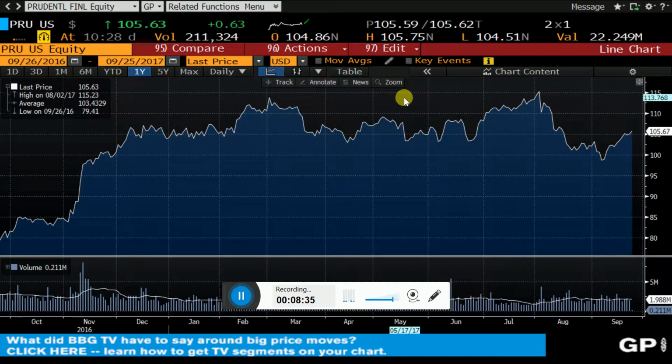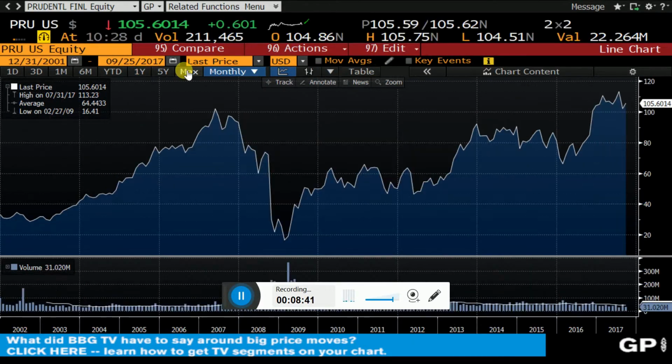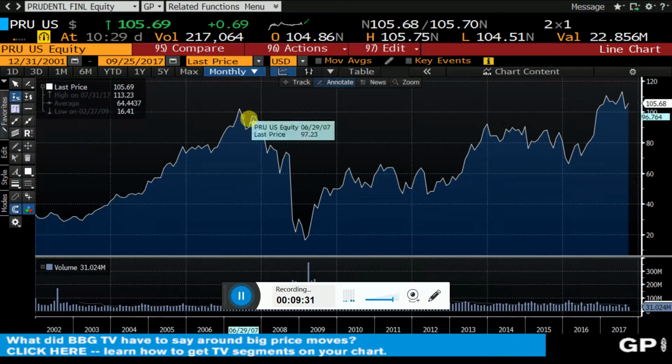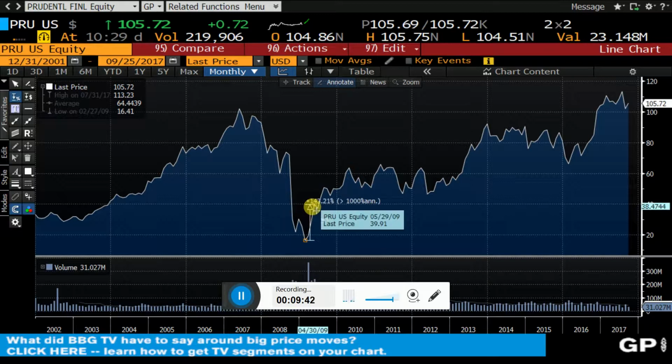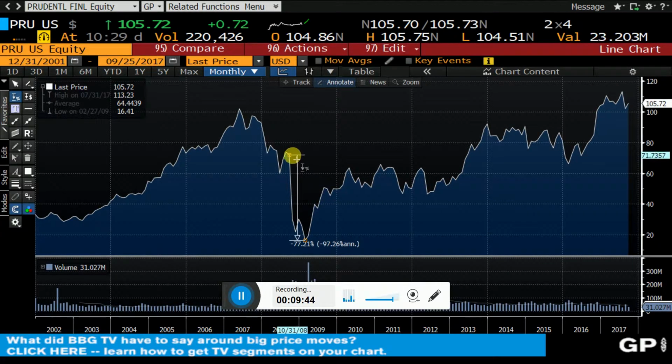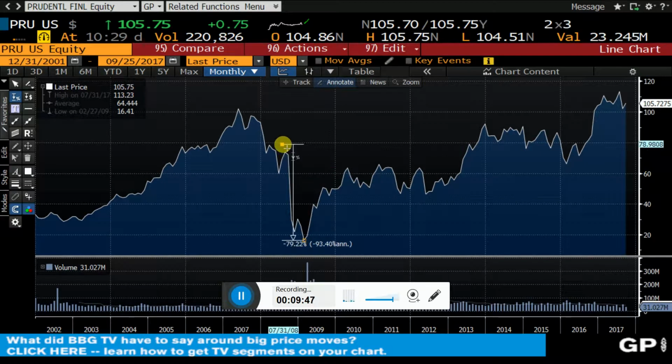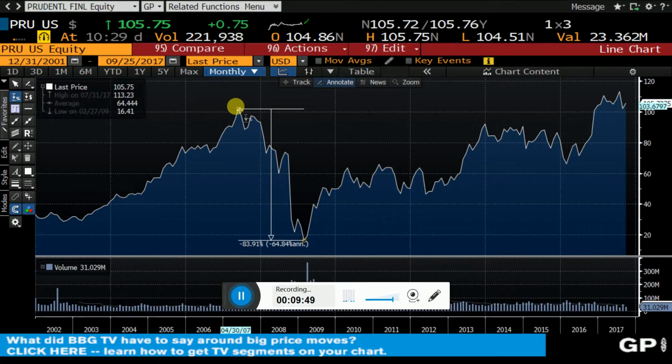We can click on the max right here, which gives you an idea of where it's been at since 2002 to 2017. You can also annotate on these graphs, so you can search from a low point such as February 27th of 2009, and you can look prior to that as well, which would be, let's try right here.